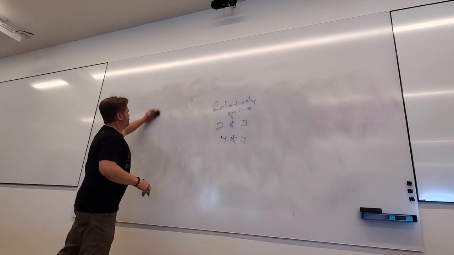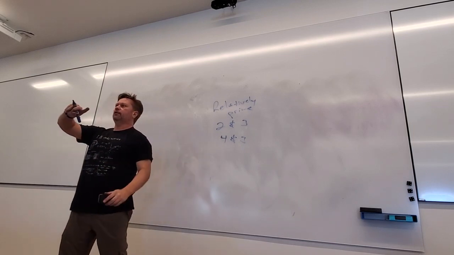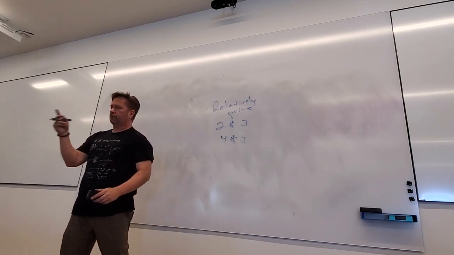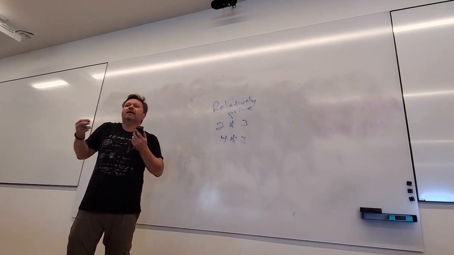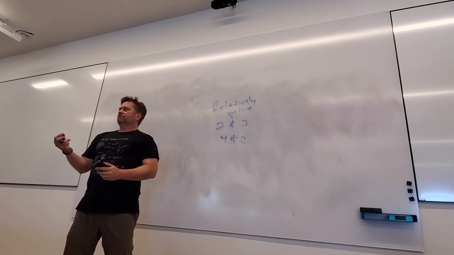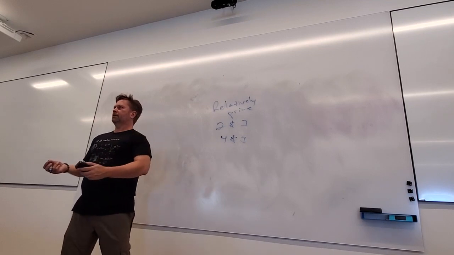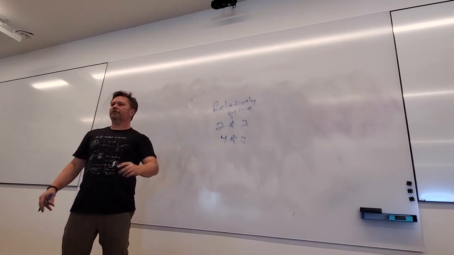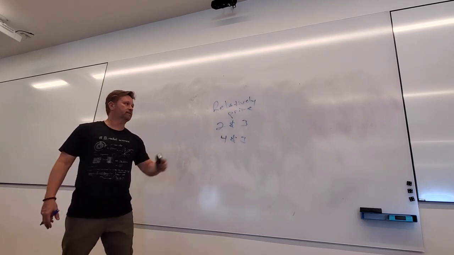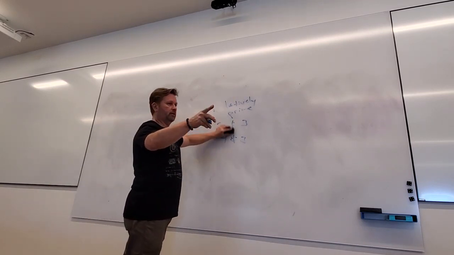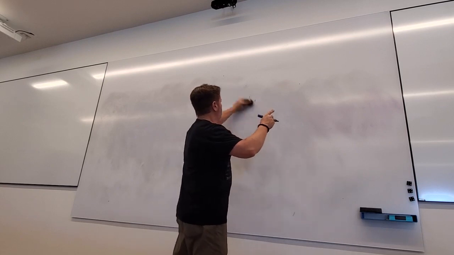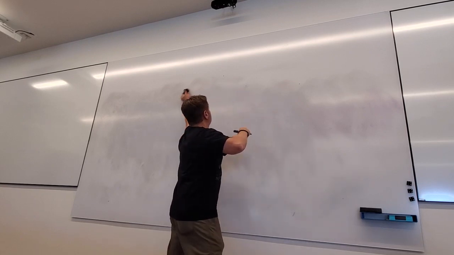So right now I want to point out, you have to know all the divisibility rules for 2, 3, 4, 5, 6, 8, and 9. I'm not going to make you know 7, and I'm not going to make you know 11. Why not? Because I don't have this memorized. I have all the other ones memorized: 2, 3, 4, 5, 6, 8, 9.